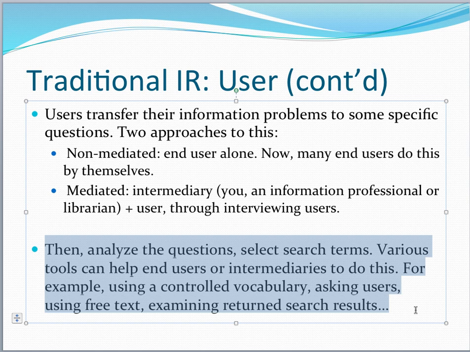So we go to the database as I showed you the other week, and we look at the thesaurus and see what are the controlled terms that are used in the database to index the information, or even better, to index the representation of the information. Okay?